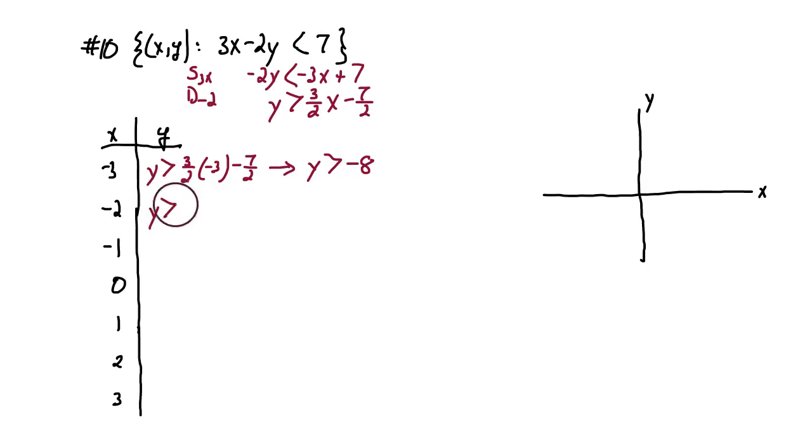Next row. This makes y is greater than 3 times -2 is -6/2 minus 7/2, which is -13/2. It's the same thing as -6.5. Next row.